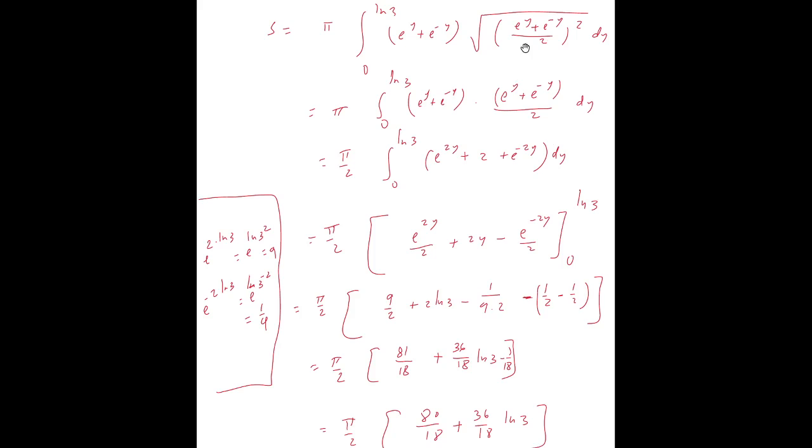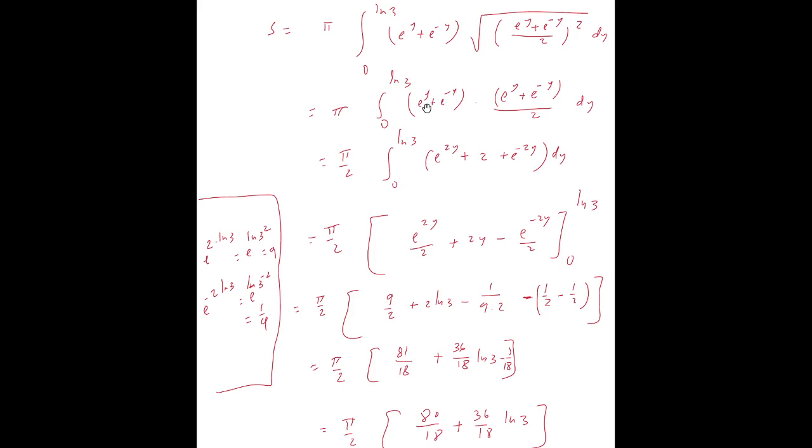So that means we have pi, integration from 0 to ln 3, this expression, and the square root of something is just that thing. Now if you just bring this to the outside, it would be pi over 2.